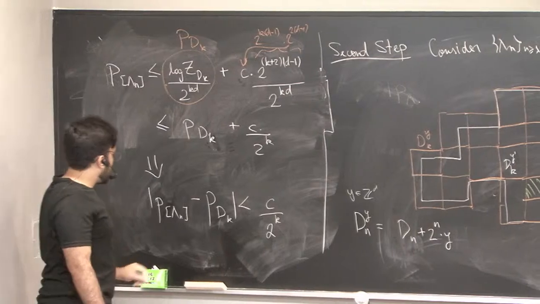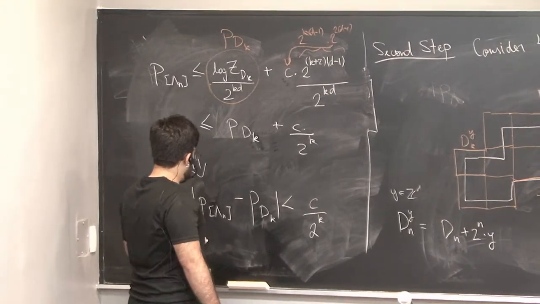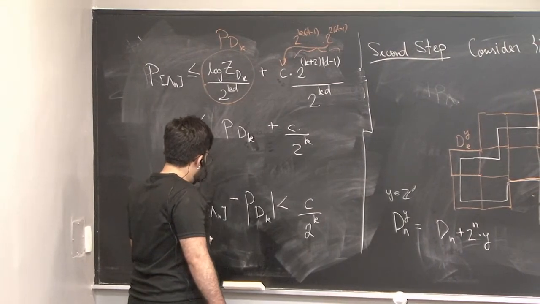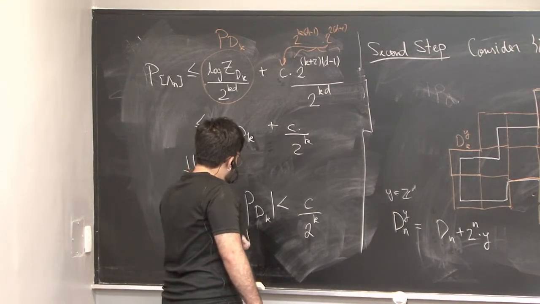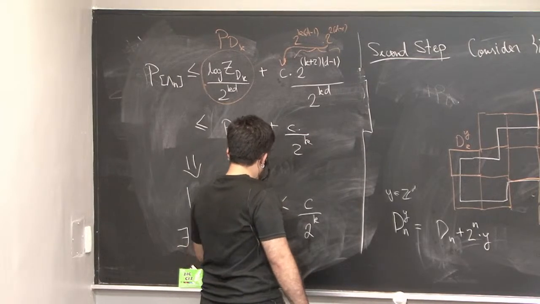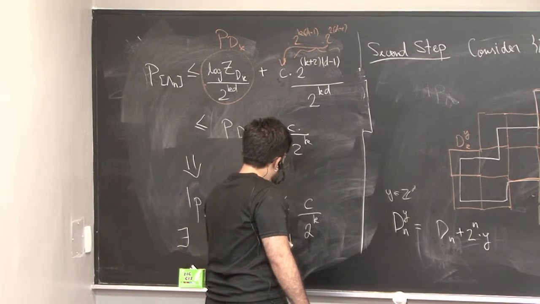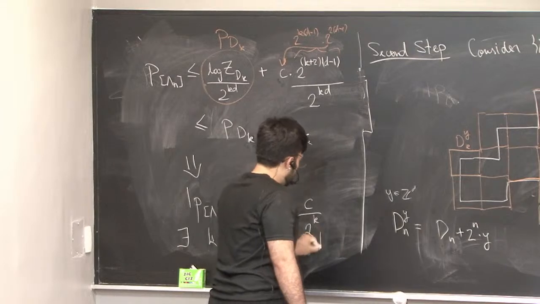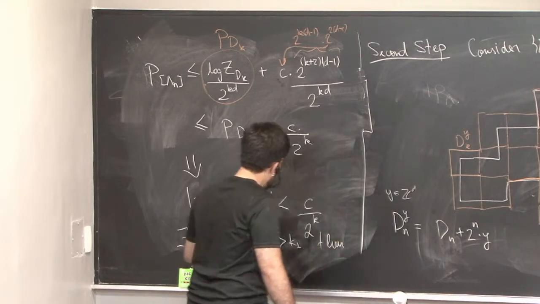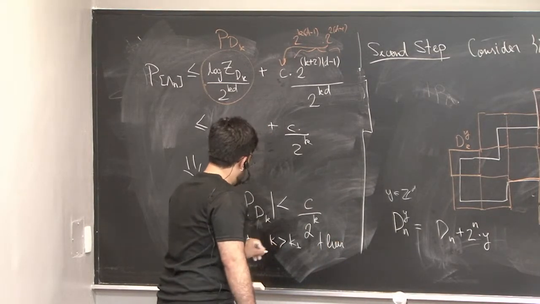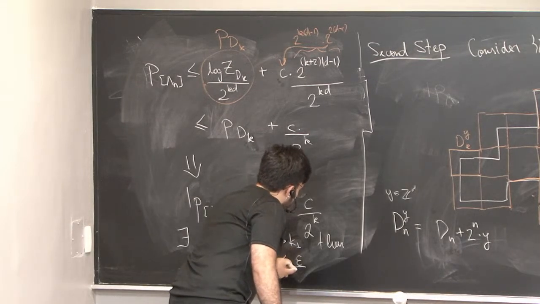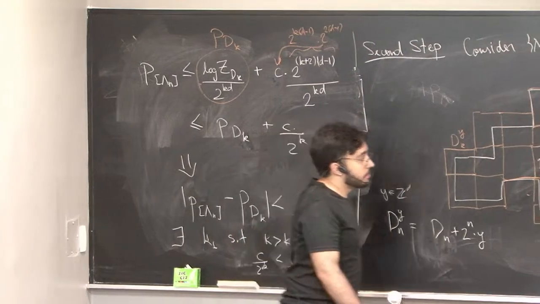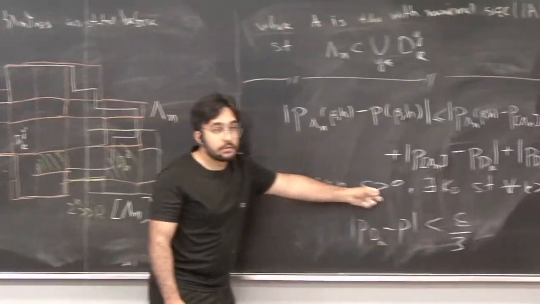So in this case, I know that there exists a K1 such that if K is larger than K1, then C over 2K is less than epsilon over 3, where this epsilon is this epsilon right here.